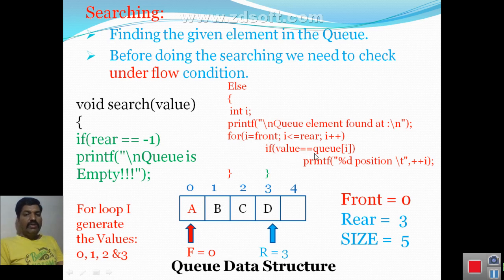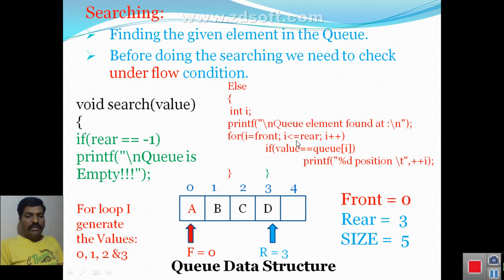D equal to q[0], which is A. D equal to A is not true, it is a failed condition. So the printf, the body of the if condition, is not going to execute because the if condition fails. Again the for loop increments, then checks the condition.